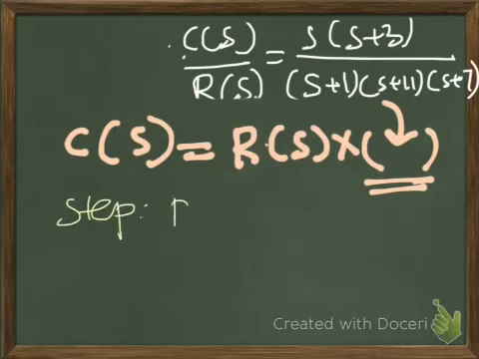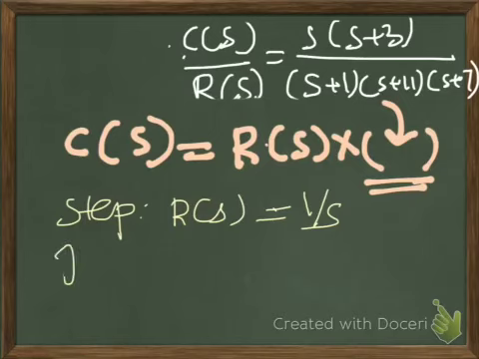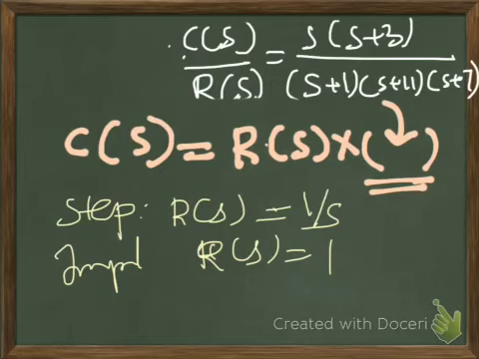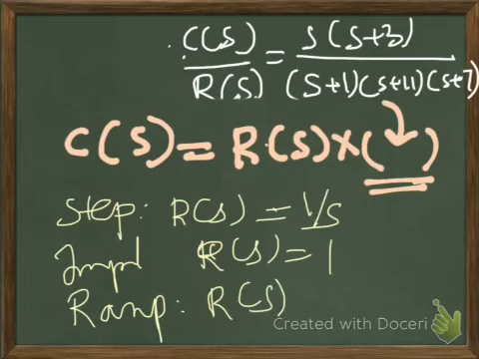For step response, R of s is equal to 1 by s for unit step response, and for unit impulse response, R of s is equal to 1, right? And for unit ramp response, R of s is equal to 1 by s square. So in our example, we have R of s is equal to 1.